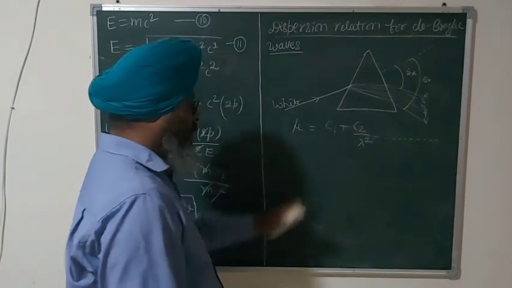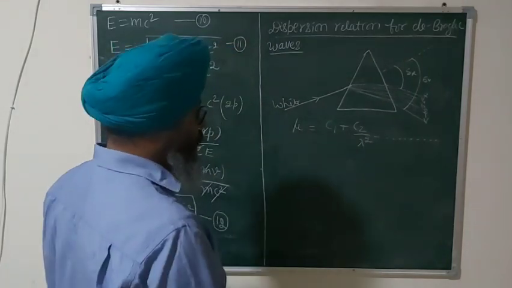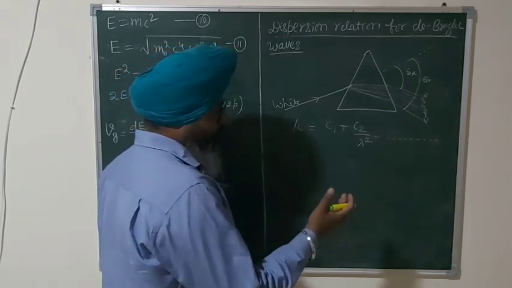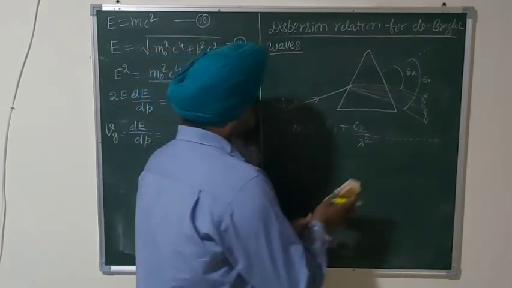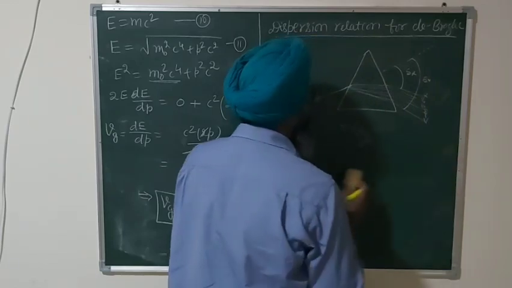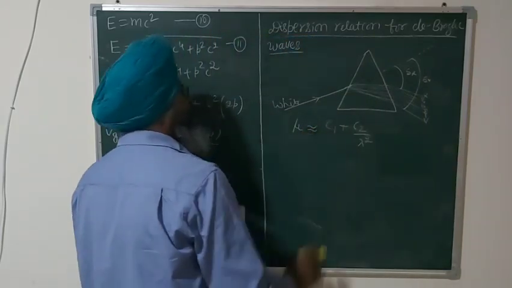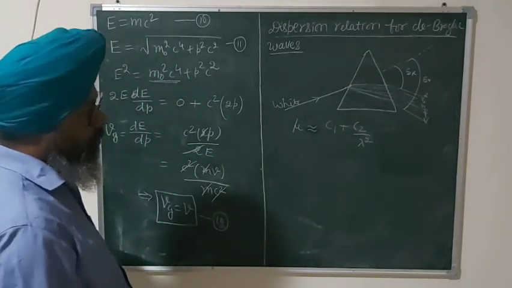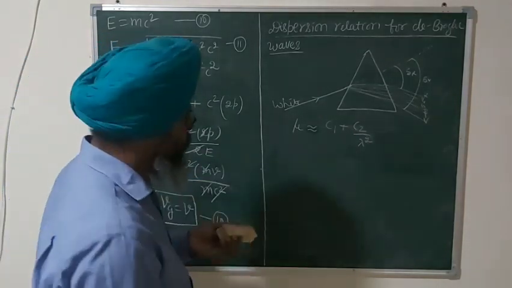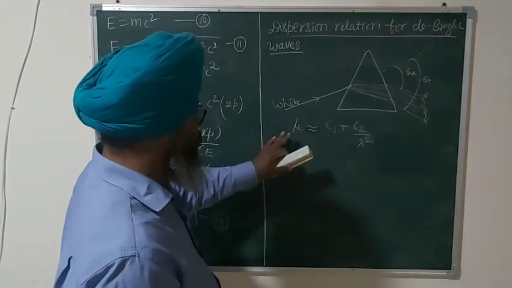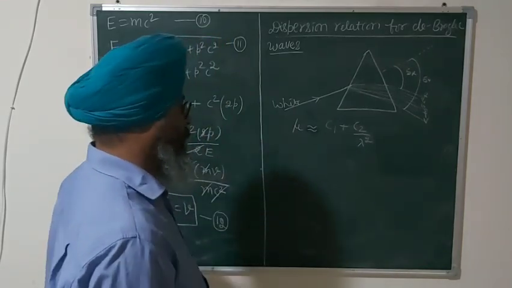C1 and C2 are called Cauchy's coefficients. However, if we neglect the higher terms, we can approximate this result up to the second coefficient, because the values of Cauchy's coefficients go on decreasing for higher order terms. So I would restrict it up to the second term.